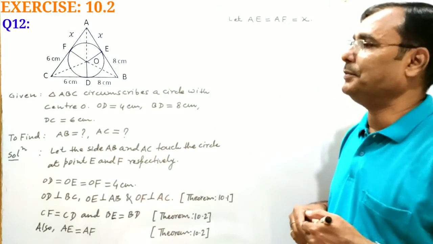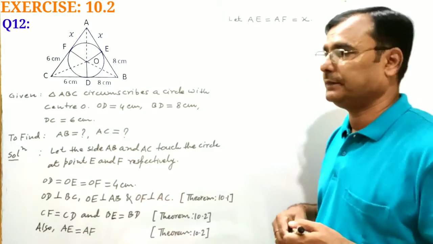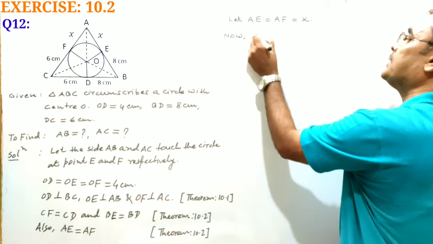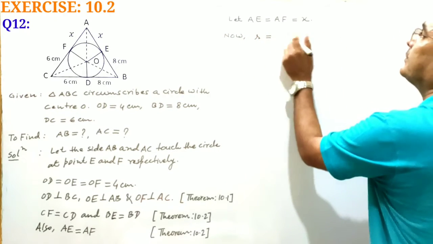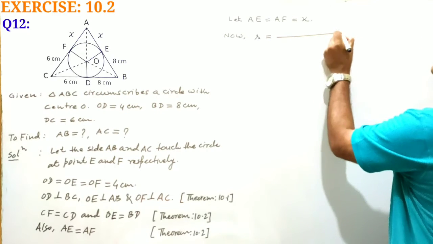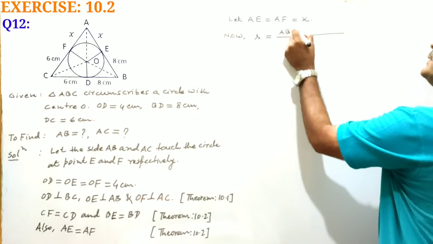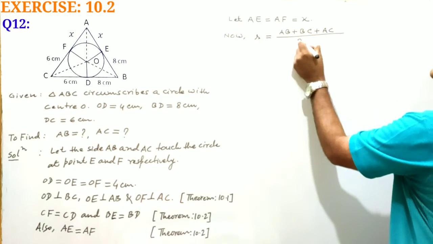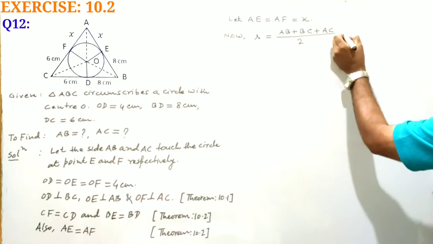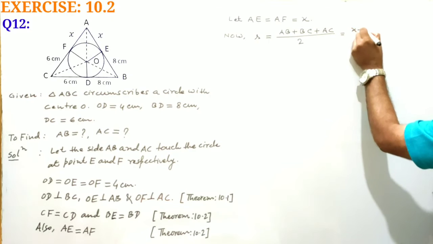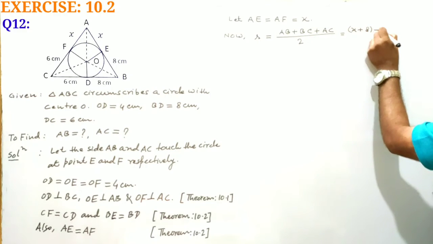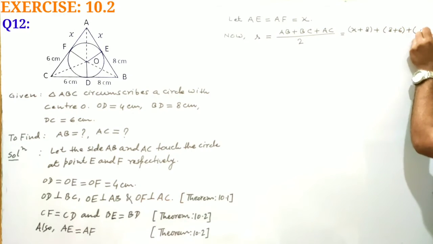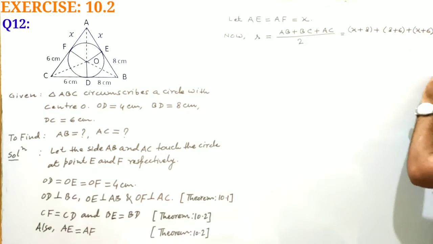area of triangle ABC using Heron's formula, and for that we need to calculate semi perimeter S, which is equal to AB plus BC plus AC divided by 2, and this is x plus 8 plus 8 plus 6 plus x plus 6.